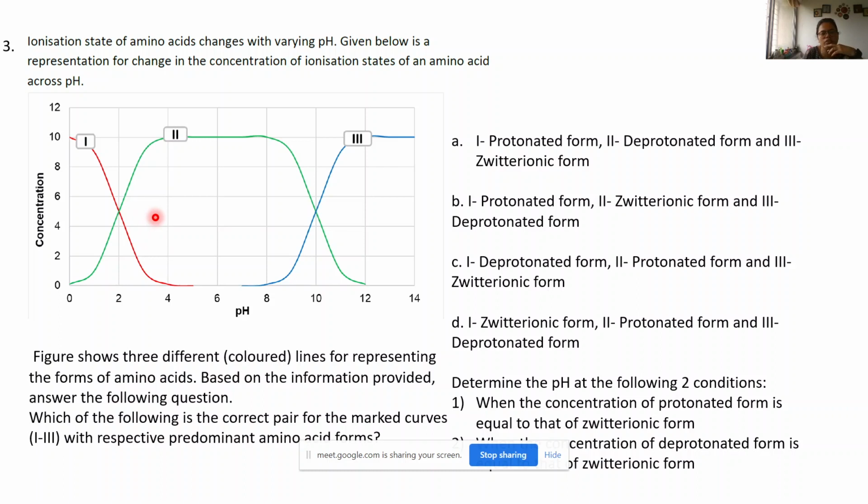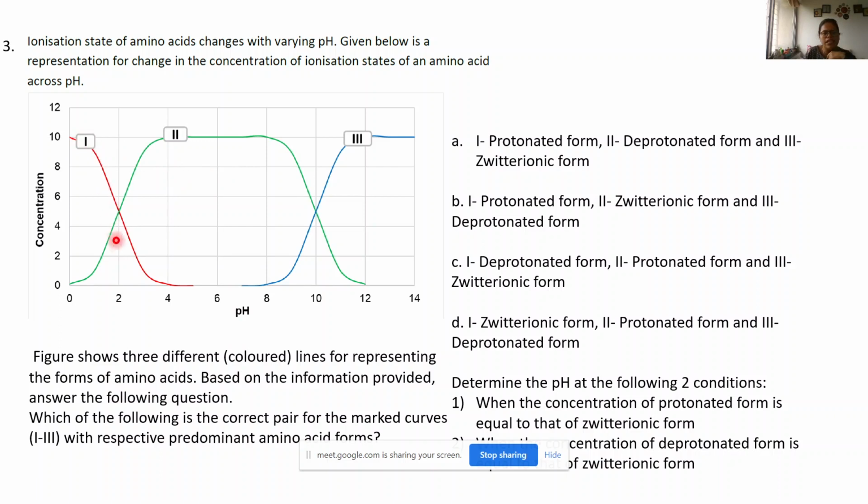And two is zwitterionic form, and three is deprotonated. Yes, so you are correct.